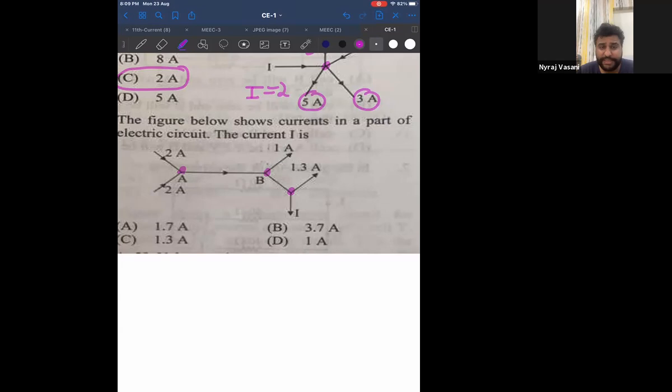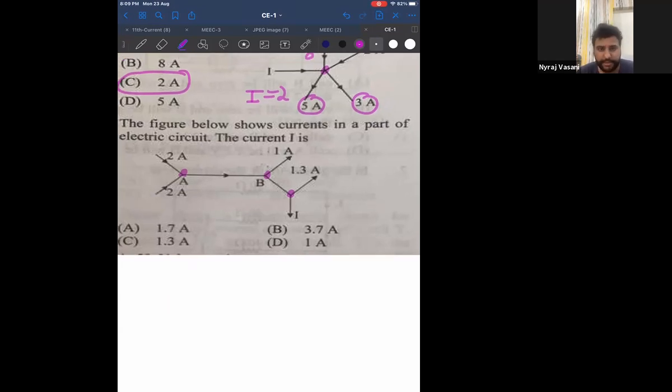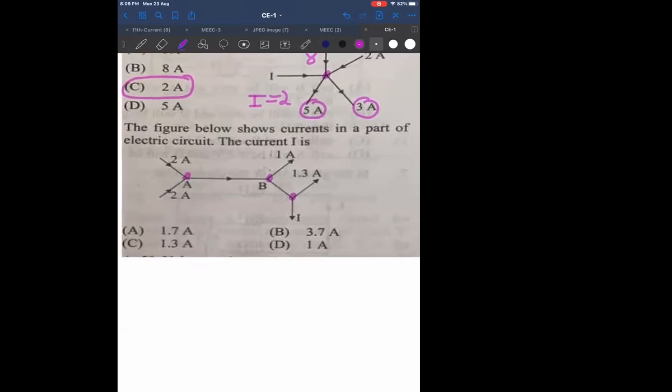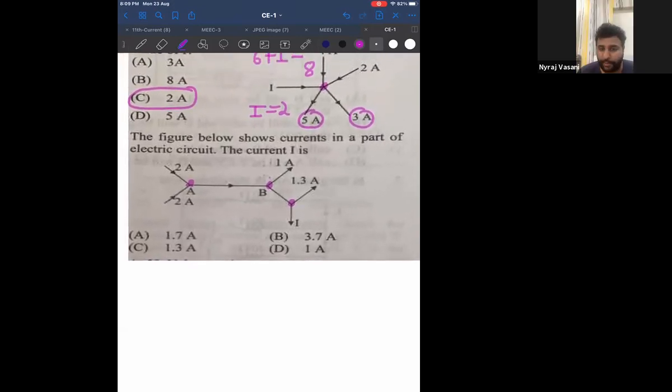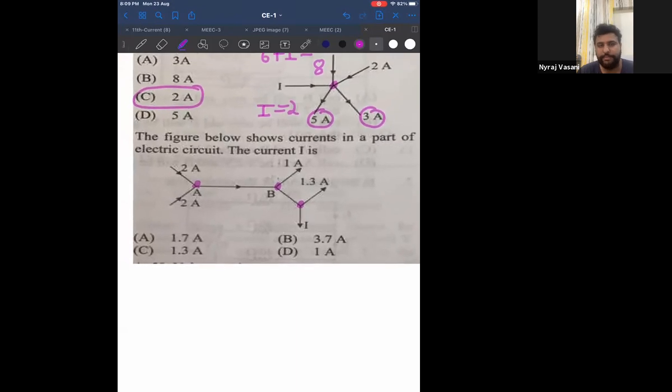Answer is 1.7 if you're getting it. Yes, sir. I have not done the analysis yet, but I have seen the majority of the answers as 1.7. So I'm telling the answer is 1.7. Now we will do it.